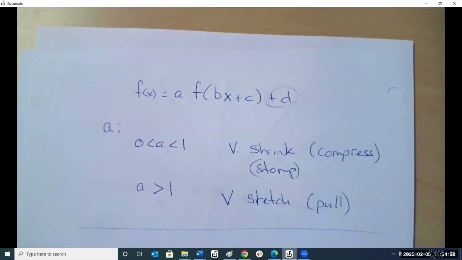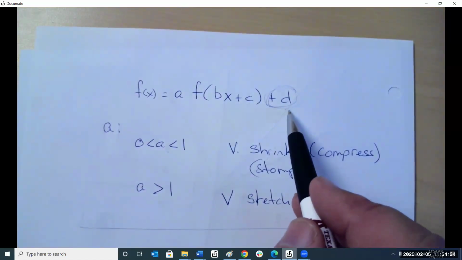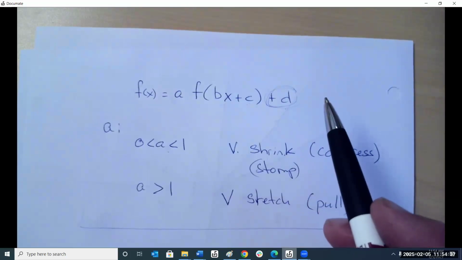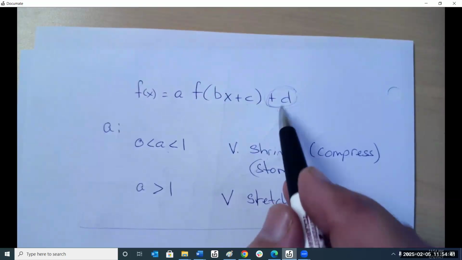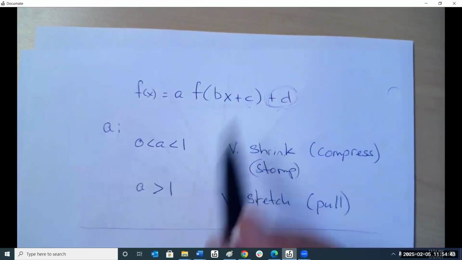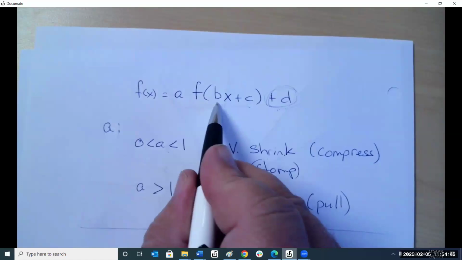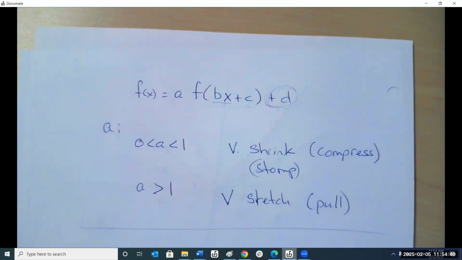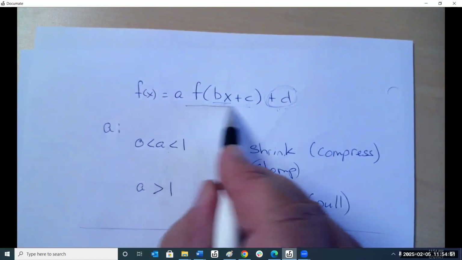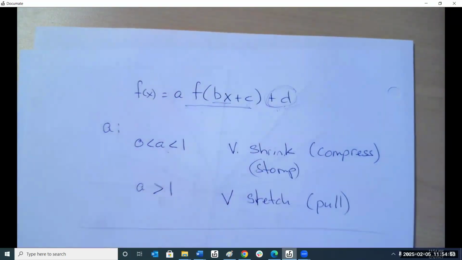Once you find the value of f of x, whatever you get there, you then add or subtract D to it. It literally just adds or subtracts, and that makes it go up and down, since it doesn't have anything directly to do with the function. Like C doesn't have anything directly to do with x: after you get x, then you add C to it. Here, after you get the value of y, then you add D to it.